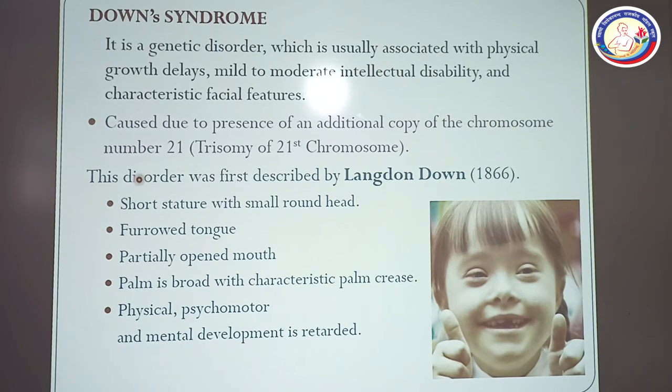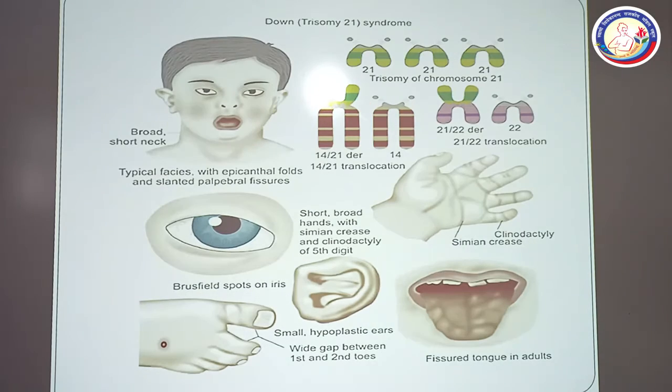What are the salient features of Down syndrome? Short stature with a small round head, furrowed tongue, partially open mouth, broad palm with a characteristic palm crease. Physical, psychomotor and mental development is retarded.